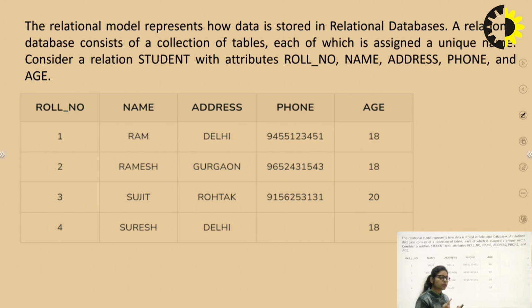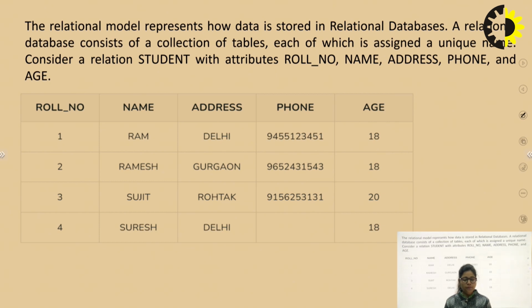Which roll number the student has, what is the name of the student, where he or she is located, what's the address, what's the phone number, what's the age, what are the courses, what are the subjects, what are the extracurricular activities students are involved in. All this information I represented in a tabular form, and this format is known as relational data model.